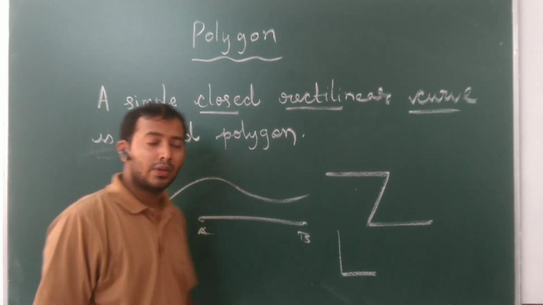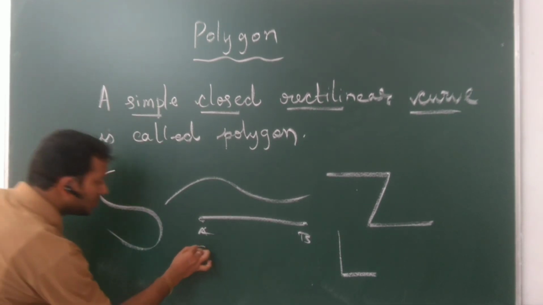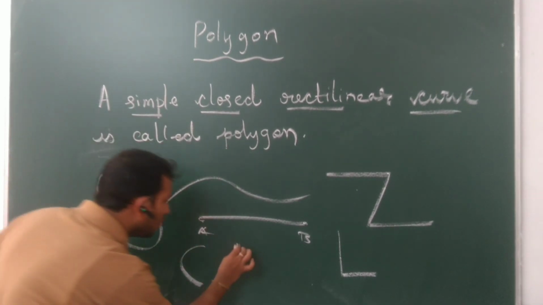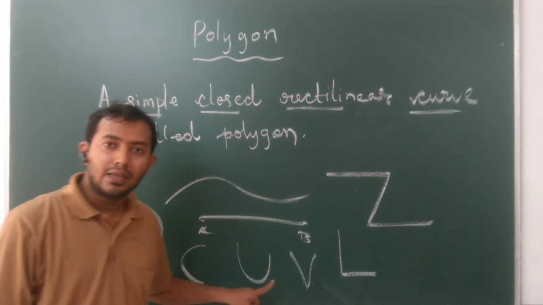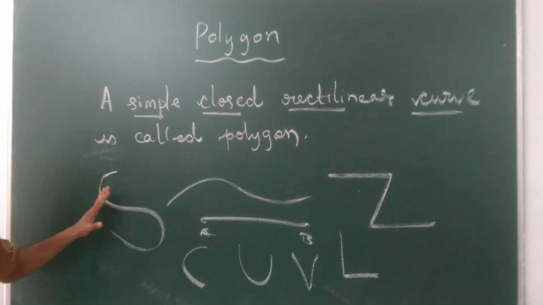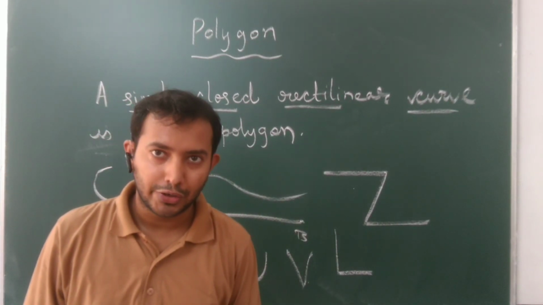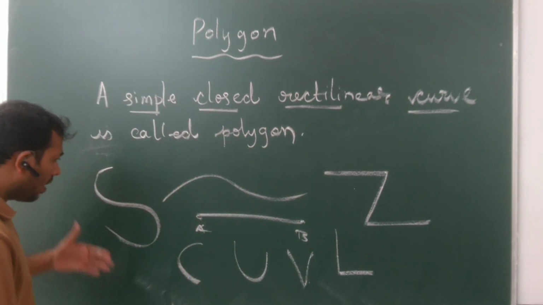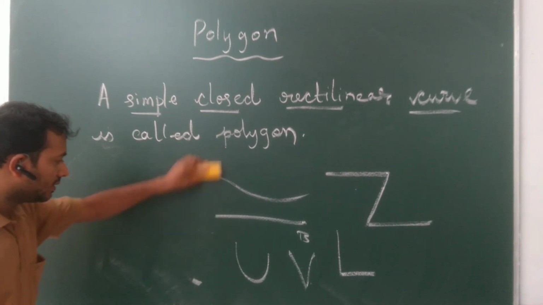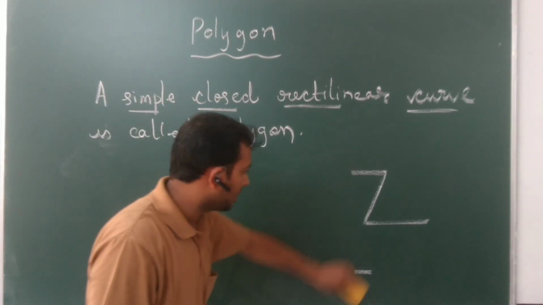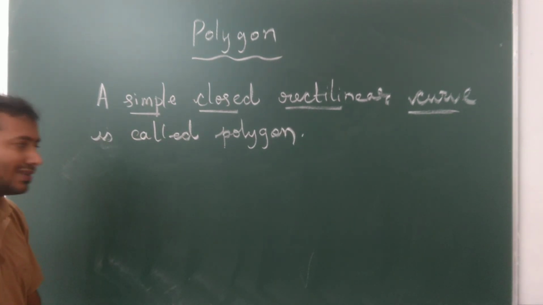If you see this S, C, U, if you go for the V, this is rectilinear, and U, C, S, this type of curve is a non-rectilinear curve. Okay. So I think you have got what rectilinear is.